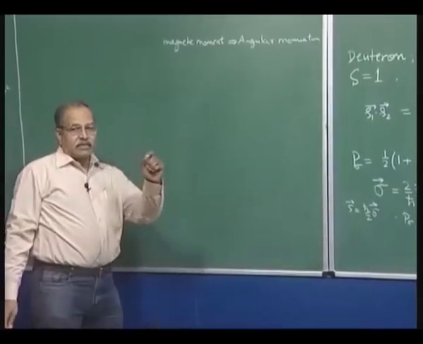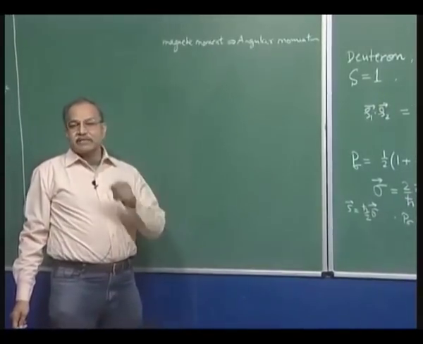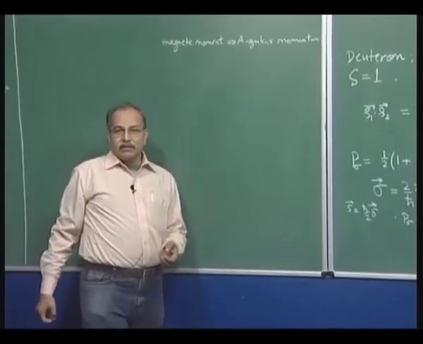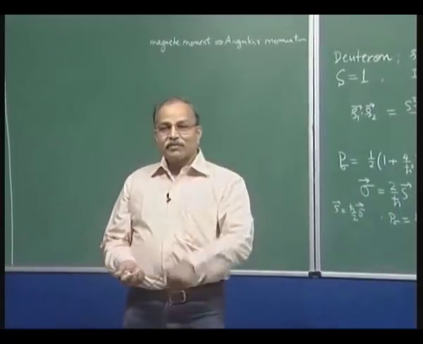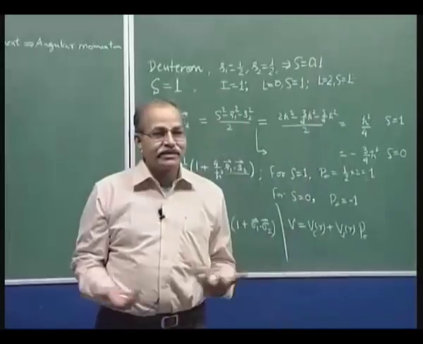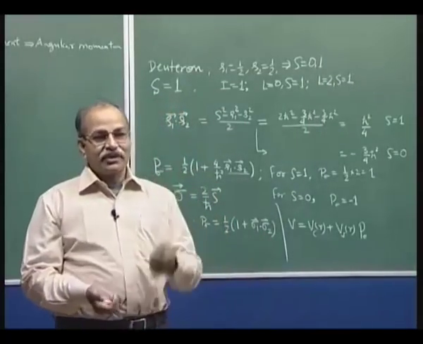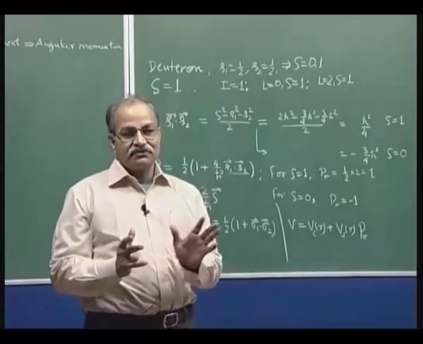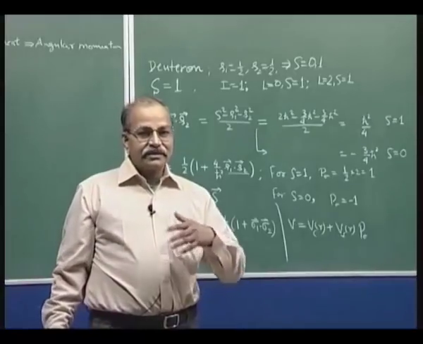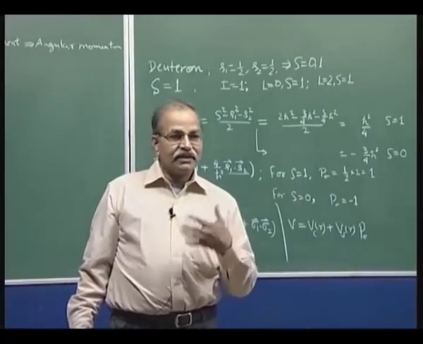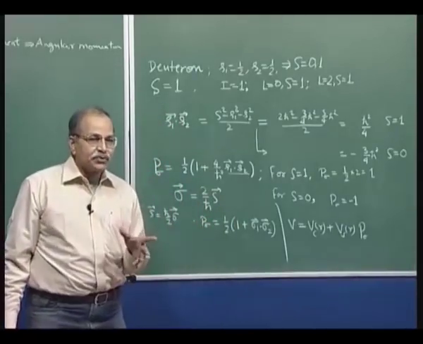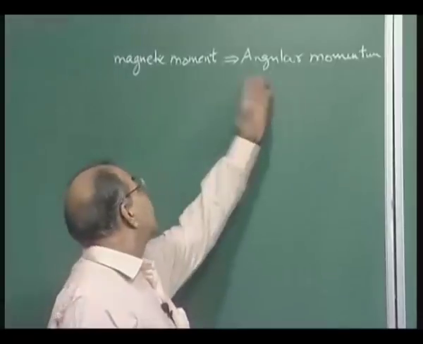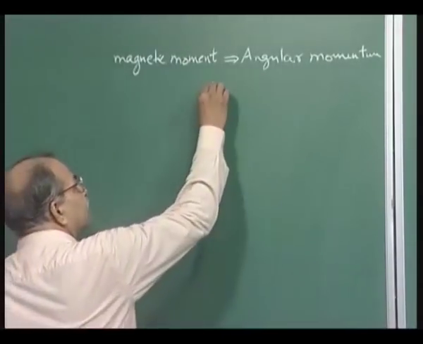For a classical particle going in a circle, or a spherical charge distribution rotating about the axis, or a charged disk rotating about axis, any kind of variation you take, a classical motion of electron or a charged particle or a charge distribution, the angular momentum and this magnetic moment are related.